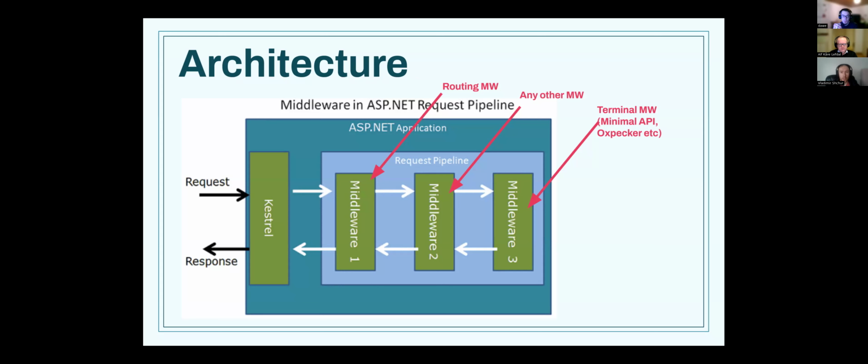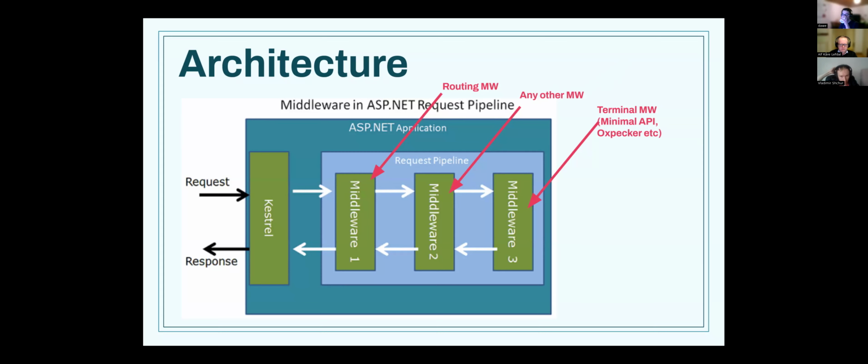Usually the routing middleware is one of the first, followed by other middlewares like authorization middlewares, caching middlewares, and different others. And the last middleware is called the terminal middleware. This is where Oxpecker sits, or maybe it's minimal API or any other terminal middleware.